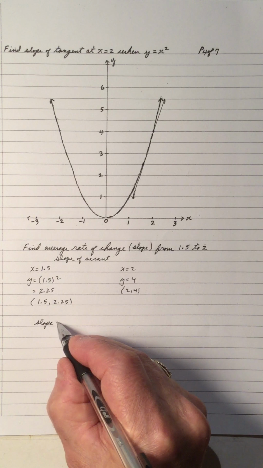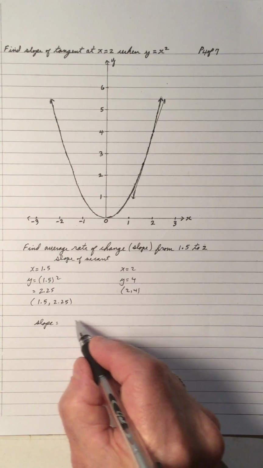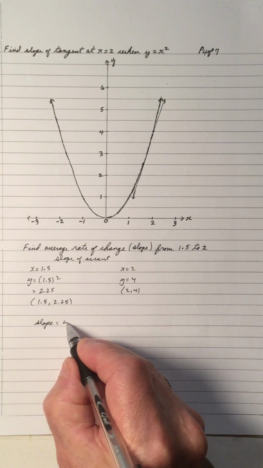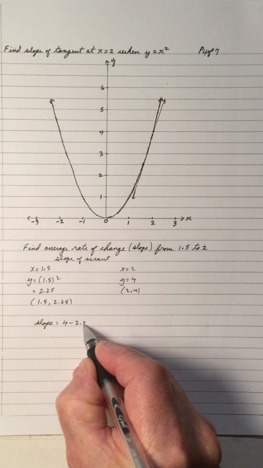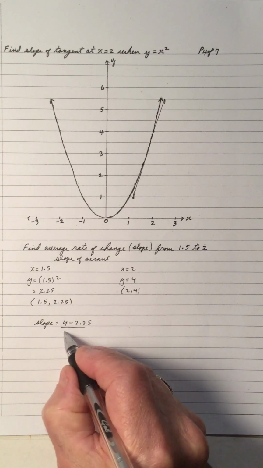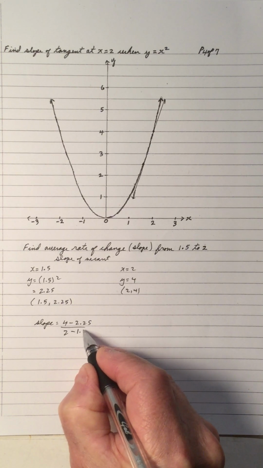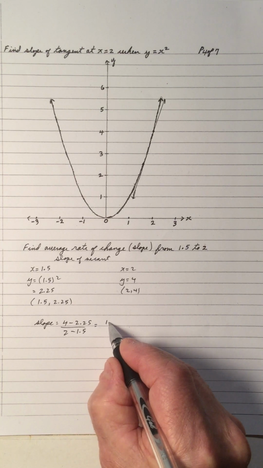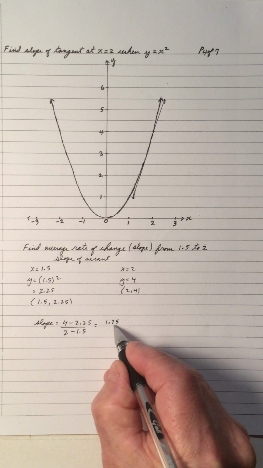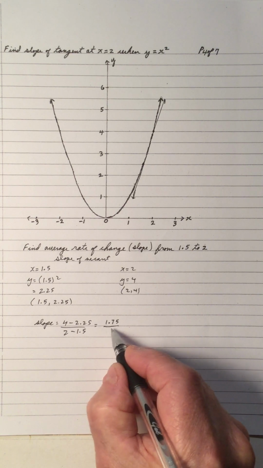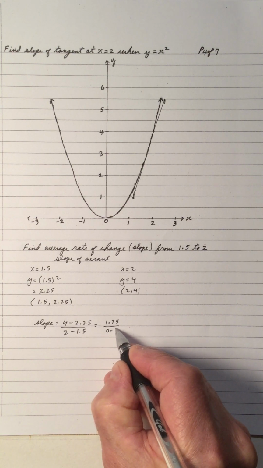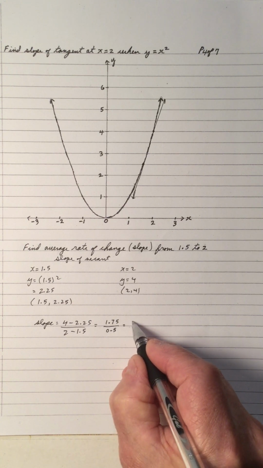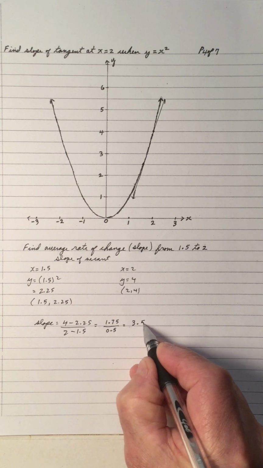So the slope of this secant is y2 minus y1 over x2 minus x1. When you subtract, you get 1.75 over 0.5. And when you divide that out, you get 3.5.